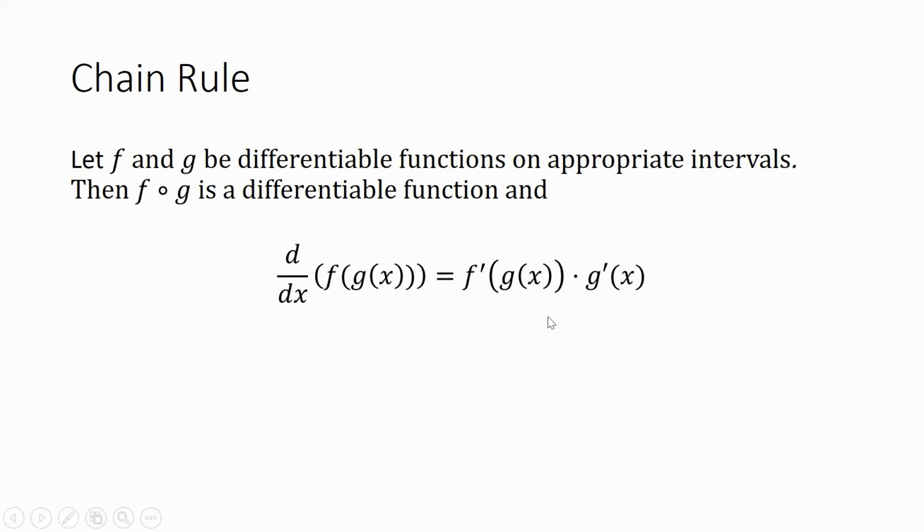The way I say that is: take the derivative of the outside function, where your inside function stays the same, and then multiply times the derivative of the inside function. That is the chain rule.